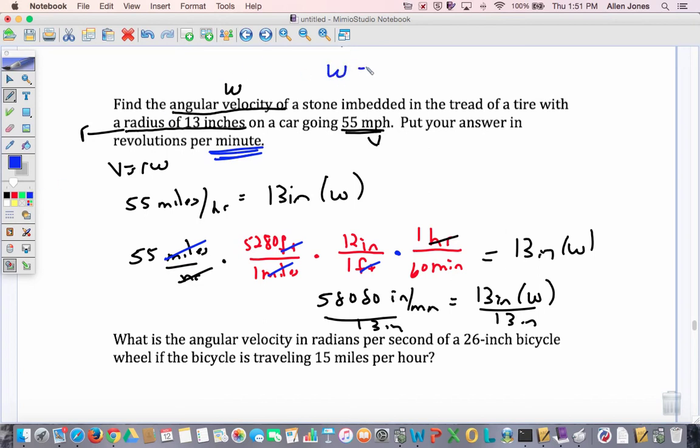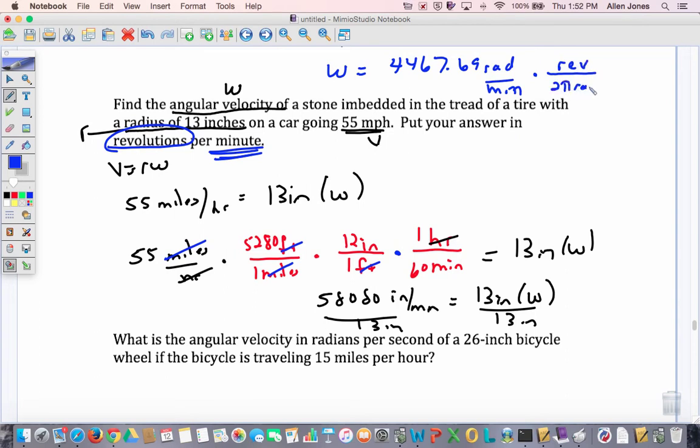And that divided by 13, I'm running out of space here, so I'm going to move up to the top. My angular velocity is 4,467.69, and the label on that, inches divided by inches, is radians, and nothing divided by the minute, so radians per minute.